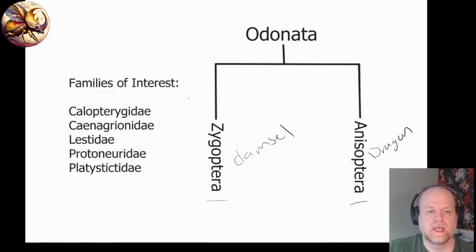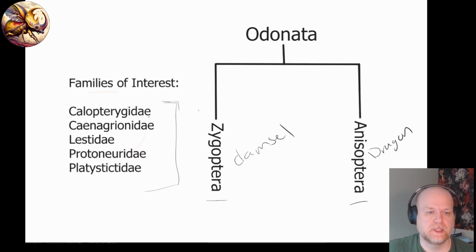Within any specific group of insects, there's just such an enormous number of insects to talk about that I have decided that we're just going to talk about identification of some of the families that you can find in the United States and Canada. Not to say that these families can't be found in other countries, but these are the families that are found in North America, north of Mexico.